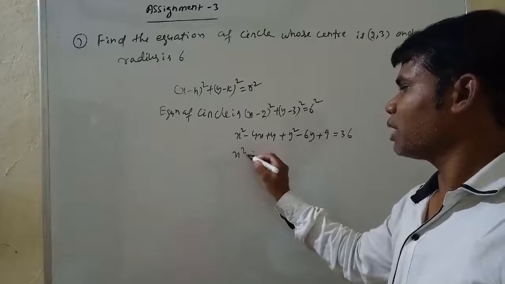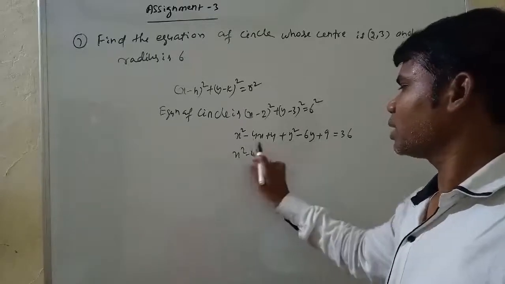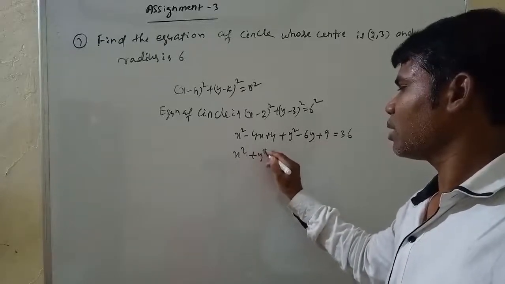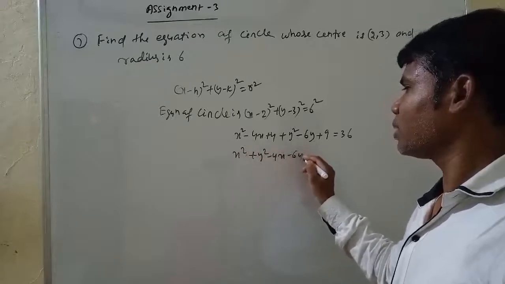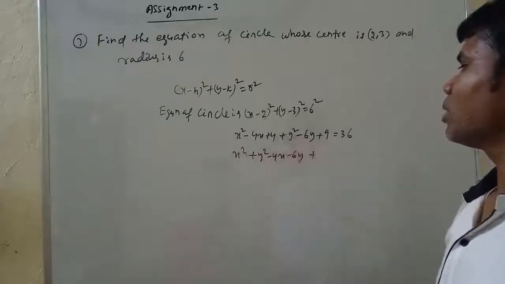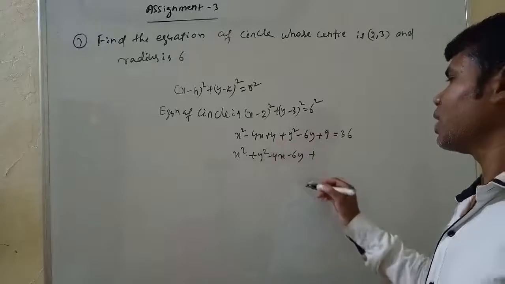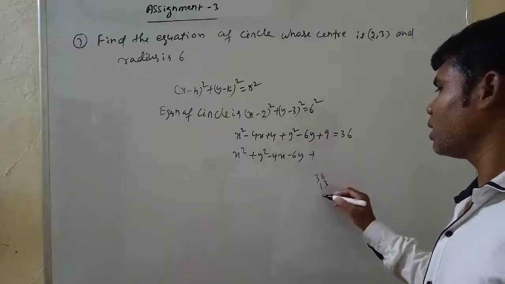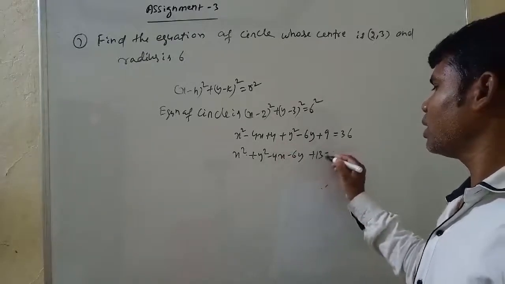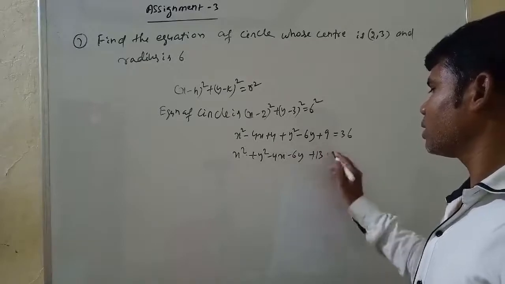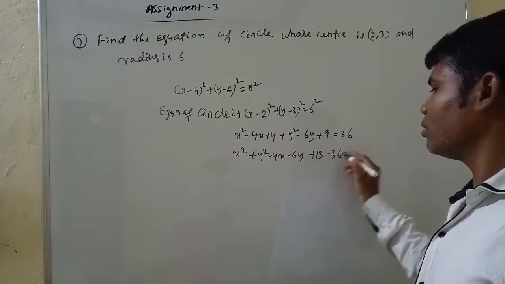Okay, x square plus y square minus 4x minus 6y plus 4 plus 9, that is 13, equal to 36. Minus 13, minus 36 is equal to 0.